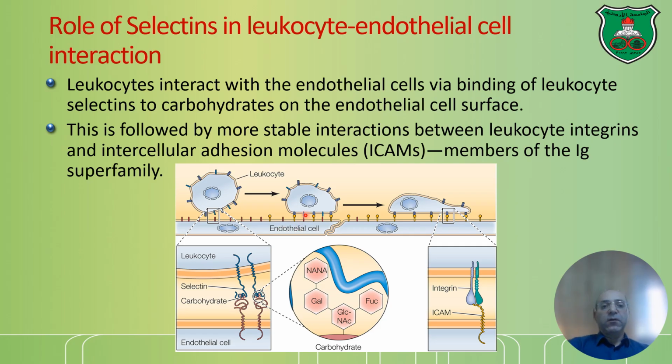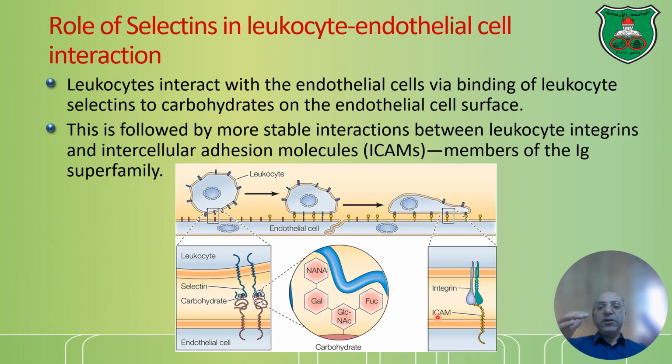Once they do that, stronger interactions take place between integrins on the cell surface of leukocytes with intercellular adhesion molecules, or ICAMs. They exist also on the surface of endothelial cells.